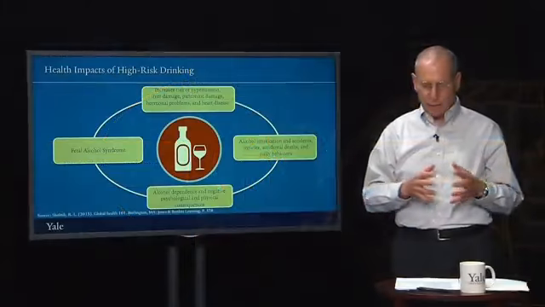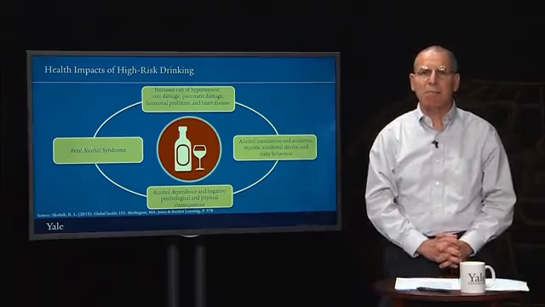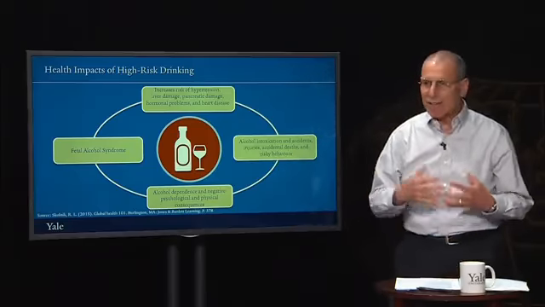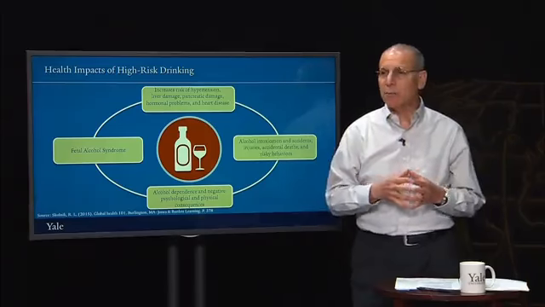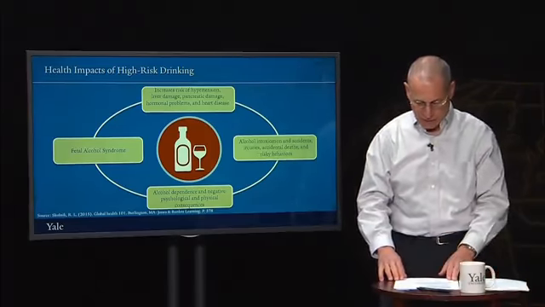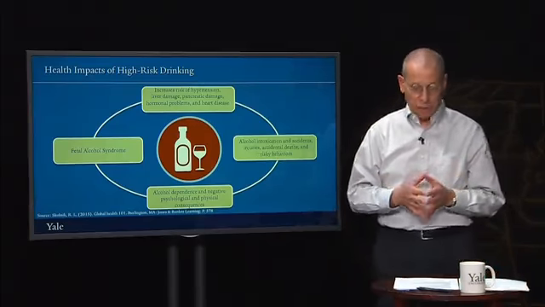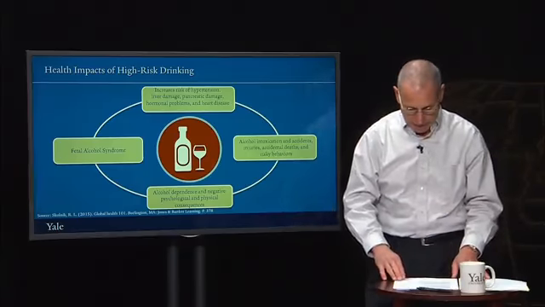The prevalence of high-risk drinking varies by region. It's been estimated that men in Europe and Central Asia have the highest rates of high-risk drinking, about 21% of the men between 45 and 59 years of age. People in the Middle East and North Africa have the lowest rates, which are thought to be quite low.